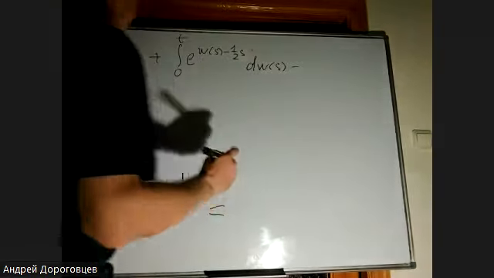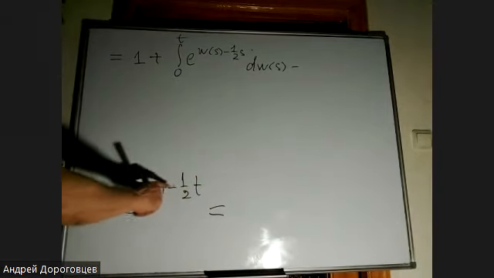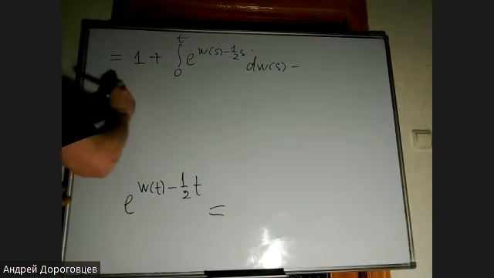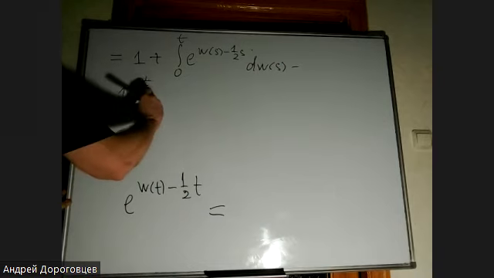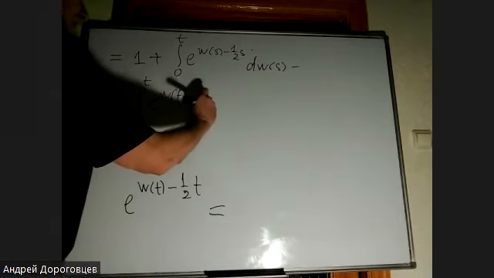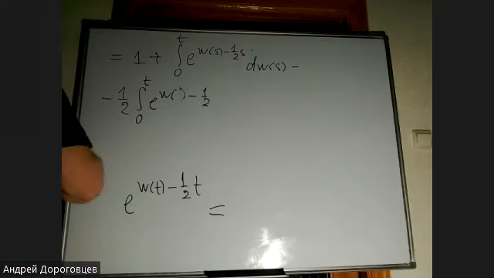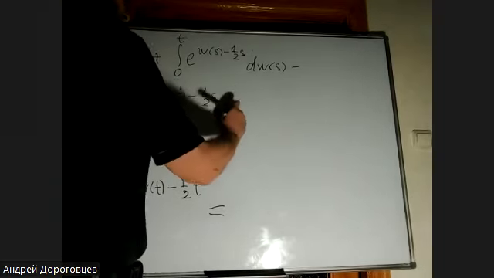Then I put here minus because we need the derivative with respect to the second coordinate t, minus 1/2 of the integral from 0 to t of e to the W_s minus 1/2 of s, ds.